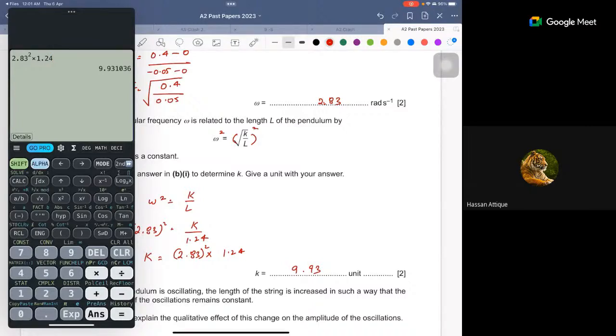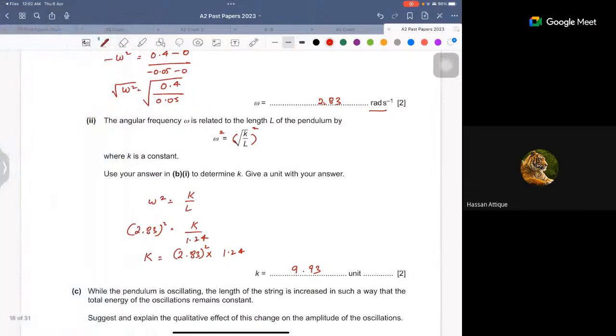Okay, what would be the units? Interesting, huh? The units were radians per second, and the length was in meters. So radian squared and second squared and meters, what that might be, I don't know. We had to take the square.